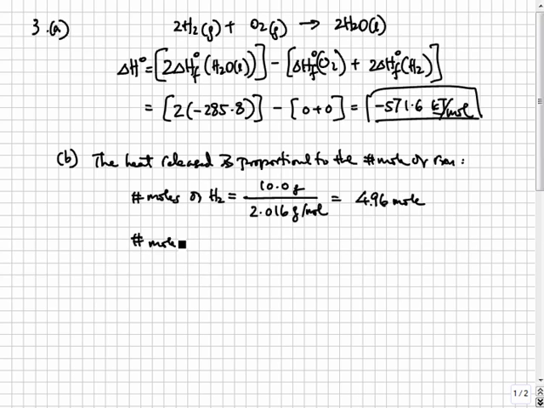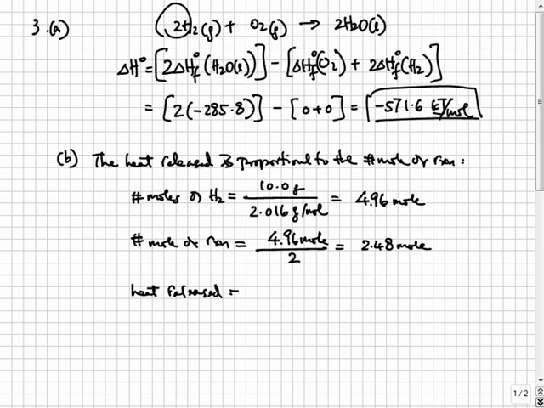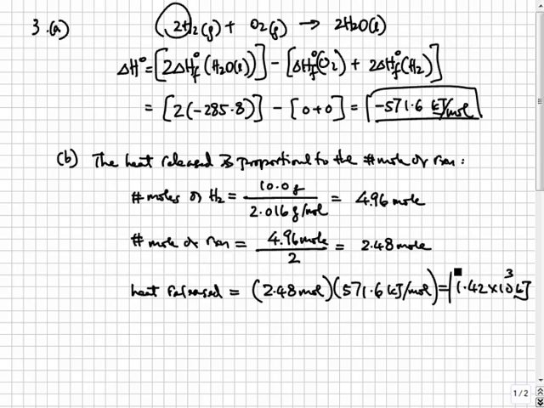But since the reaction uses 2 moles of H2 for every mole of the reaction, the number of moles of reaction that has actually taken place is 4.96 divided by 2, which is 2.48 moles. And now we take that and multiply that by the amount of heat that is released per mole of reaction, and at the end we get 1.42 times 10 to the 3 kilojoules of heat.